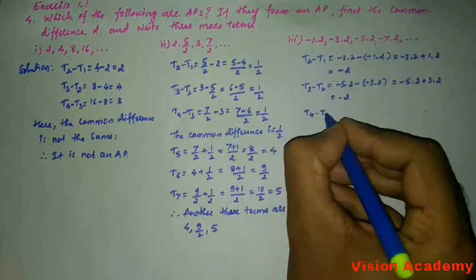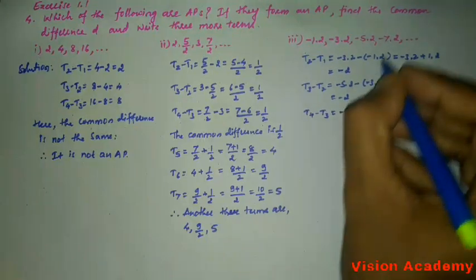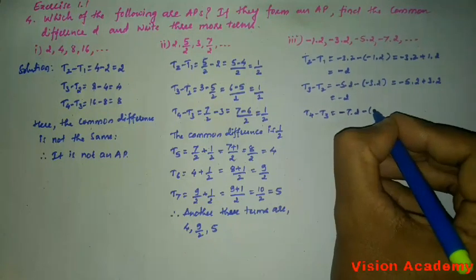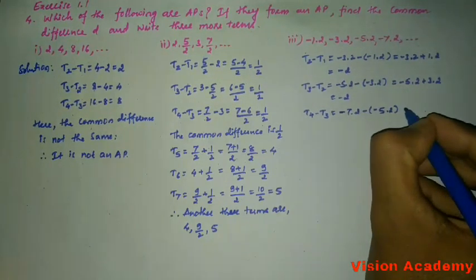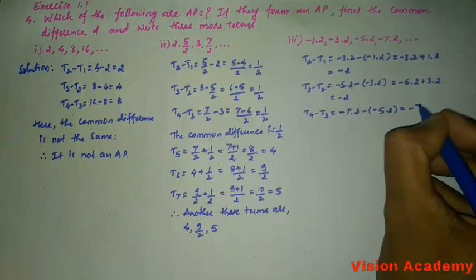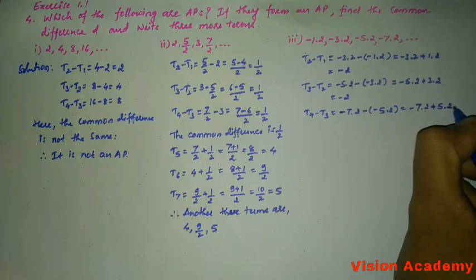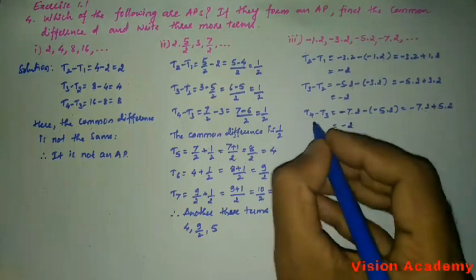Next, T4 minus T3 is equal to, T4 is minus 7.2 minus of minus T3 is minus 5.2, which is equal to minus 7.2. Minus into minus is plus 5.2. So this gives me minus 2.